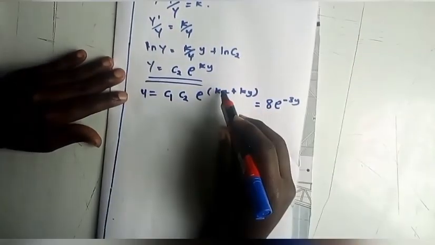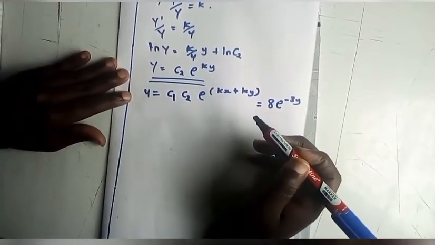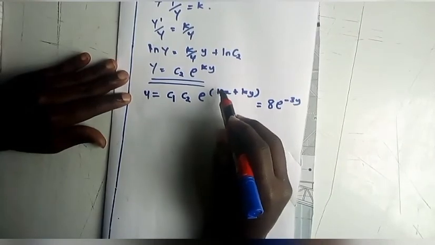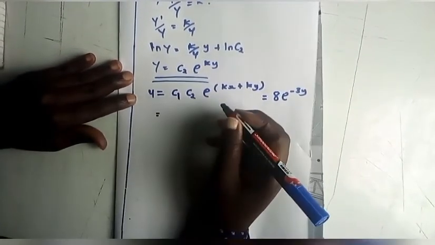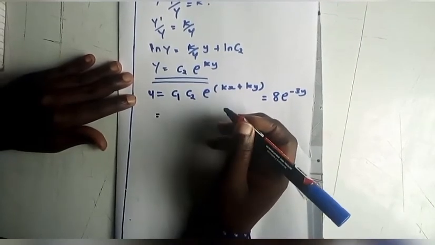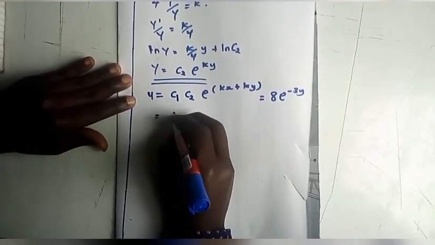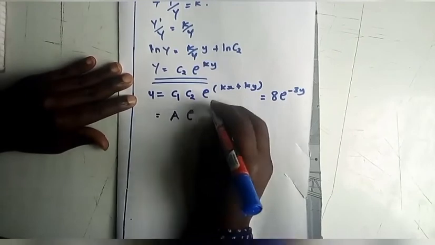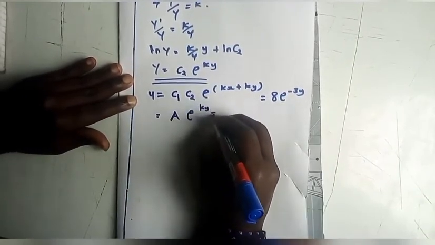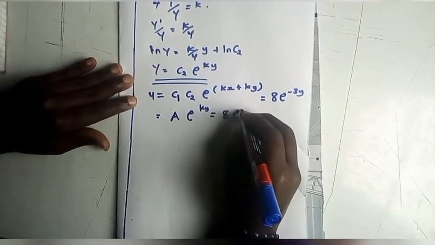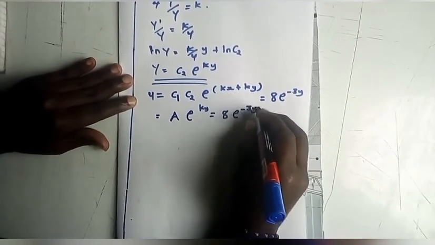So we are going to substitute that x equals 0 in our equation here. So when you substitute x is equal to 0 here, c1 and c2 are constants, so we can give them another constant, maybe a. So that is the exponential. X is 0, we are going to have a times exponential of k over 4 y is equal to 8 exponential negative 3y.